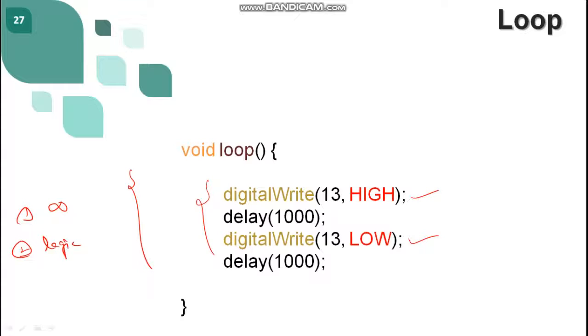Delay 1000 means you multiply by 10 power minus 3, so 1000 into 10 power minus 3 is nothing but 1 second. This is also 1 second, which means the LED is on for 1 second and off for another second.